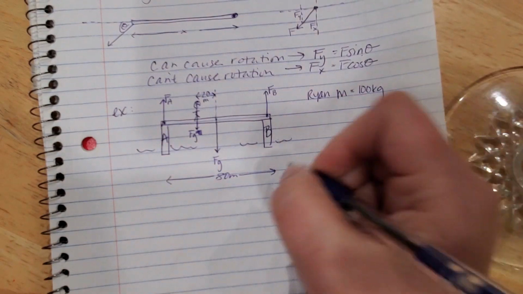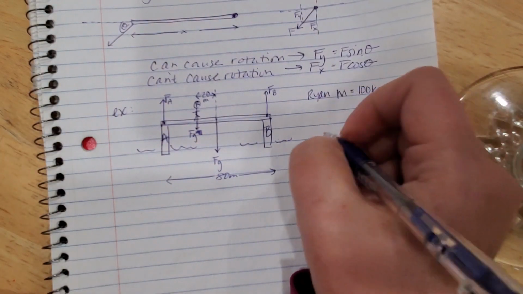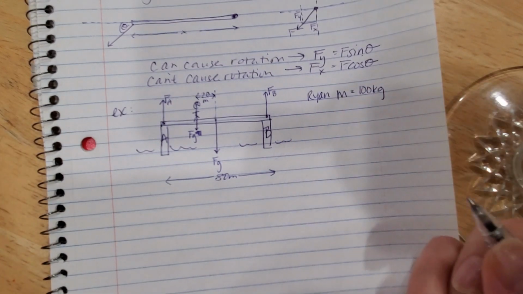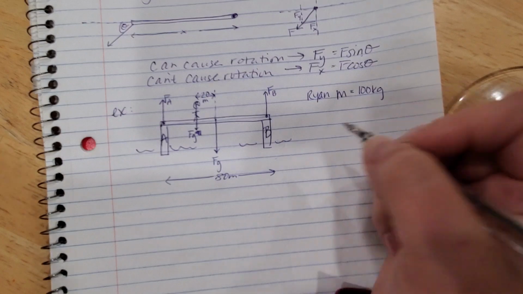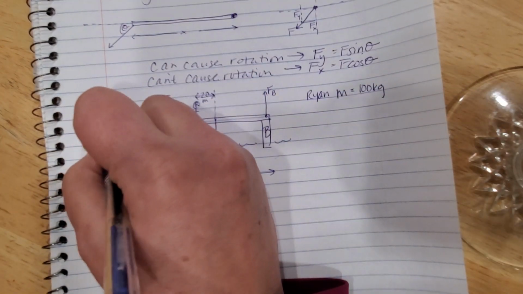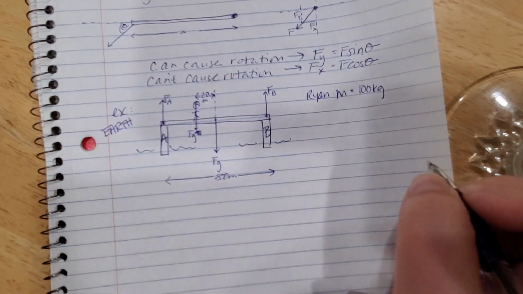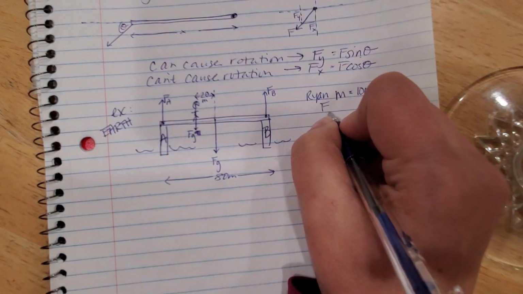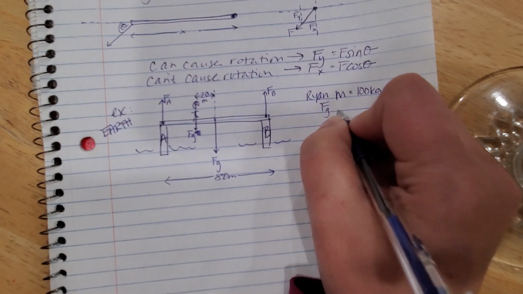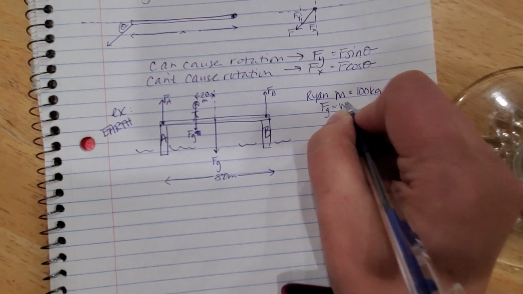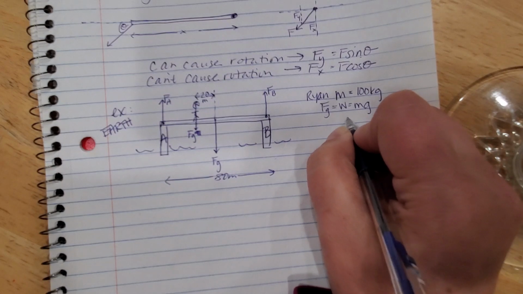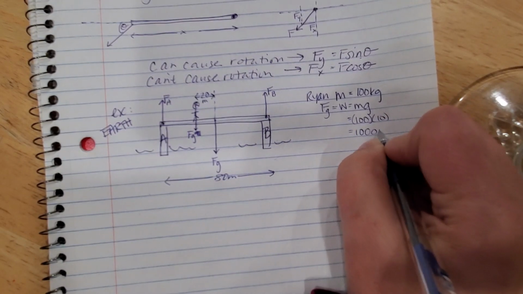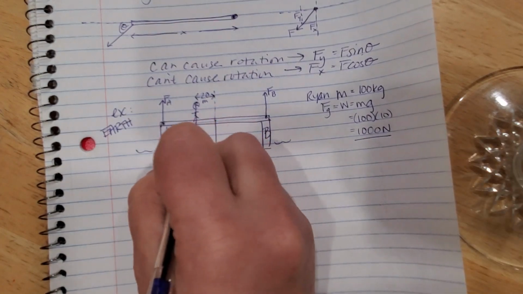The 20, we've labeled the rest. All right, so what is Ryan's weight? Well, weight would depend on what planet he's on. Let's label this Earth, just to be clear. If they don't mention it, it's Earth. And we would use Newton's second law, or for special weight, we might say weight is mg, which is equal to 100 multiplied by 10, which is 1,000 newtons. So that would go here.